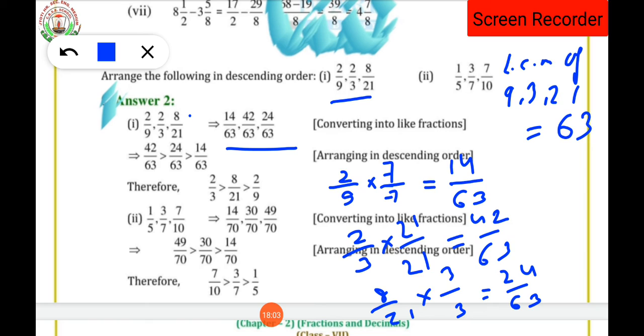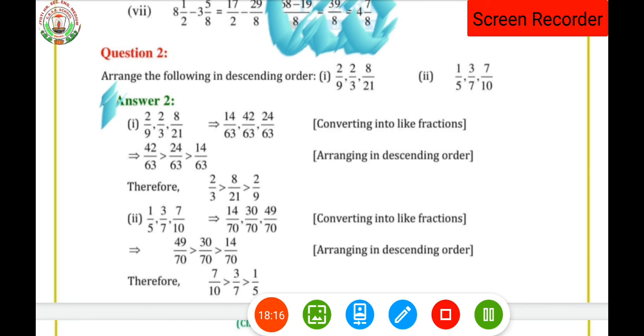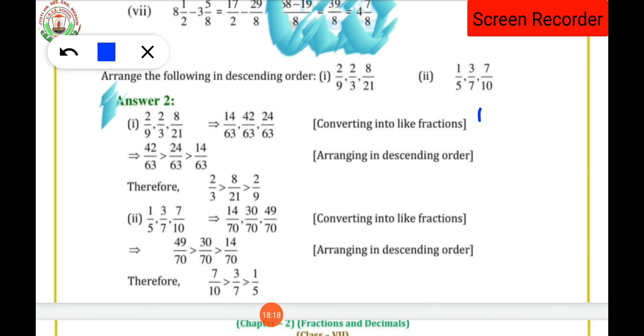Now these are like fractions, isn't it? Now we have changed it into like fractions. After changing it into like fractions, what are we going to do? We are going to arrange it. What numbers did we first get? 14 upon 63, 42 upon 63, and 24 upon 63.